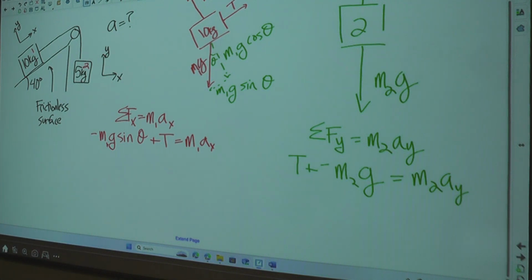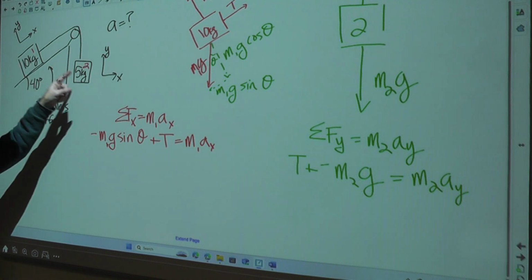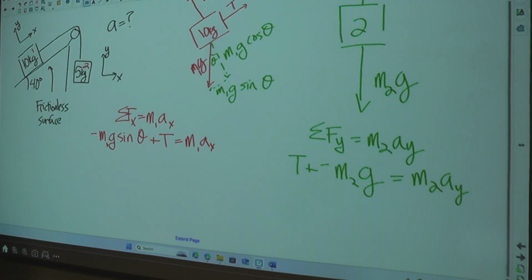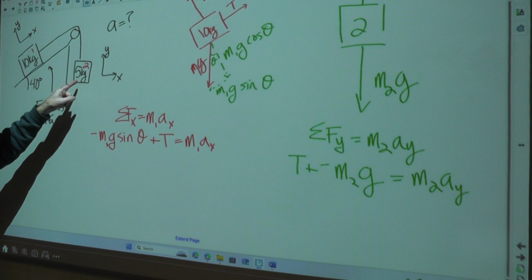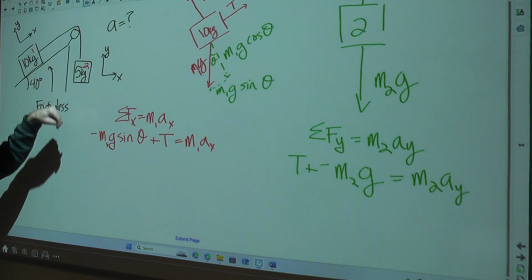People tend to look at this and think, oh, if this has an acceleration of 2, then so does this. Yes, the magnitude will be 2, but for the first object, my upward direction is positive. If this is accelerating up the ramp at 2 meters per second squared, object 2 will be accelerating straight down at 2 meters per second squared.